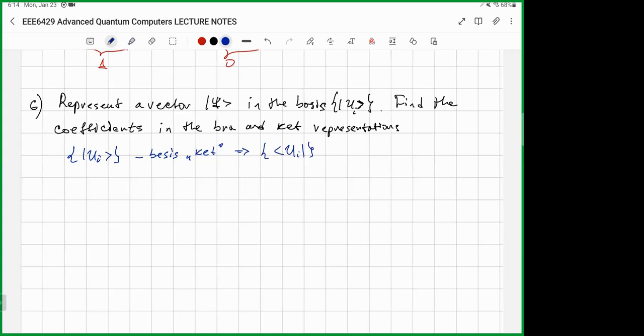So physically or geometrically, this is the same vectors, but the way we represent them can be bra representation and ket representation. So this is dual basis, also known as basis bra.